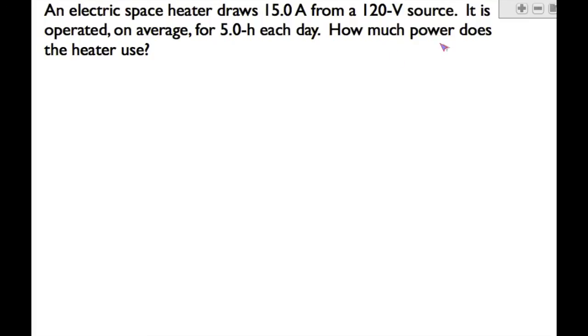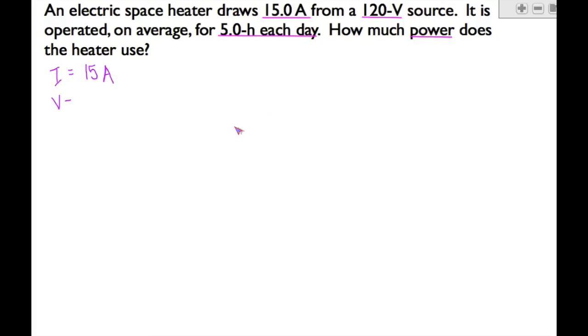So we know that our electric space heater draws 15 amps from a 120 volt source, and it's operated on average for 5 hours a day, and they want to know the power. Okay, so what do we know? We know our current. Remember, current is weird: the symbol for current is an I, and the units are amps.